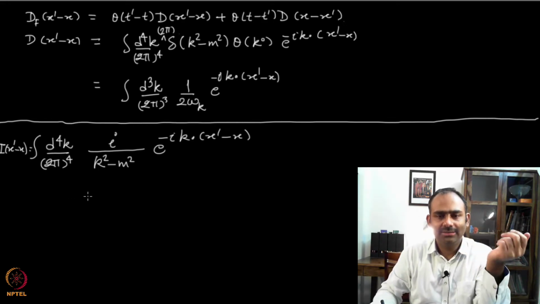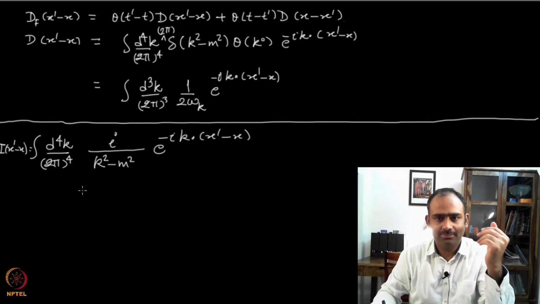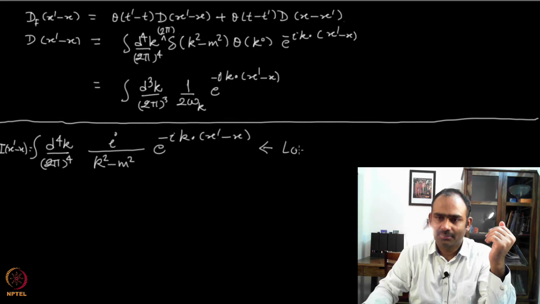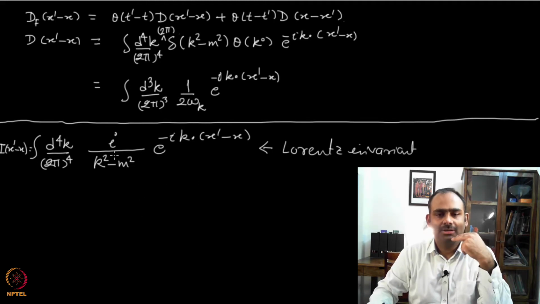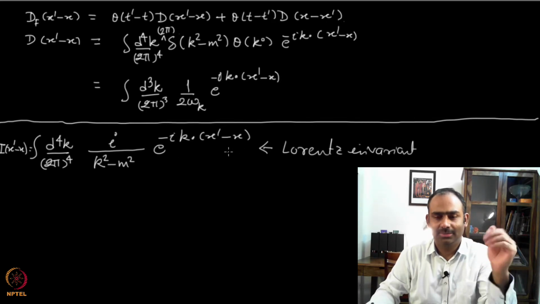Now, if I look at this integral, and if I repeat the arguments that we were giving last time when we were analyzing this integral, you see that this is a Lorentz invariant object, because the denominator is invariant, the measure is invariant, and this will be invariant if you appropriately change k to lambda k.